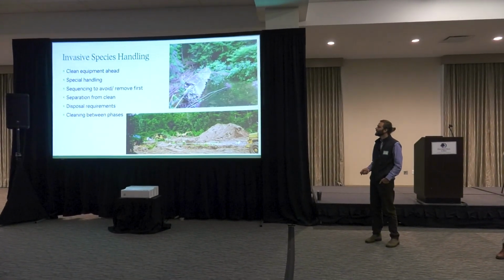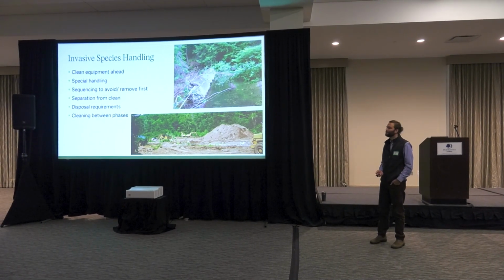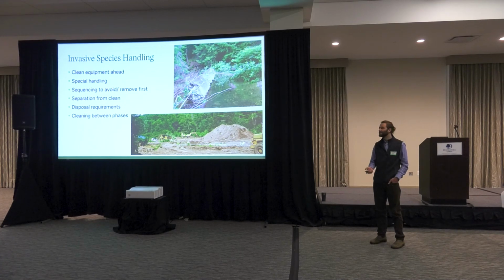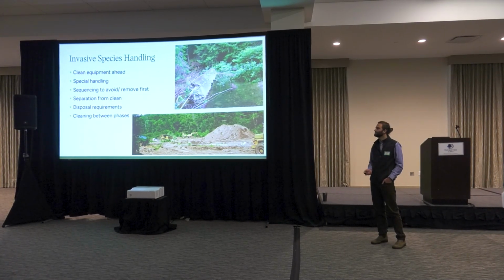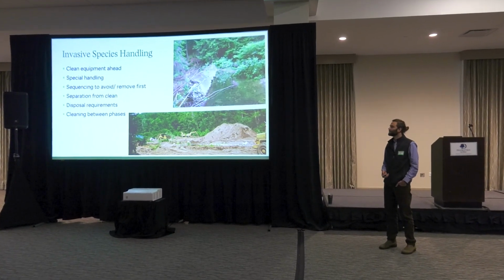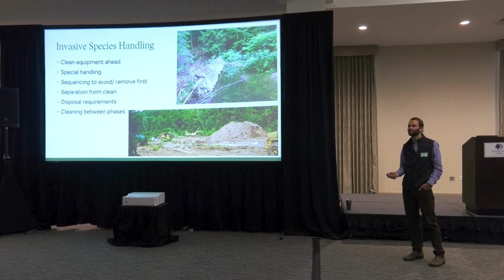So cleaning equipment ahead of time, handling it with care, and not mixing it into other clean materials. And then we really find that if you sequence to either totally avoid it for a period of time or remove it first is the best way to go about it.